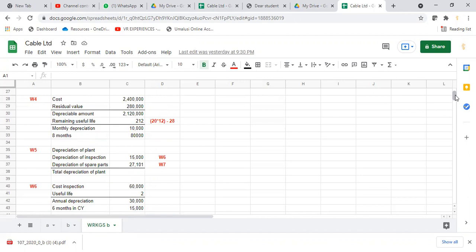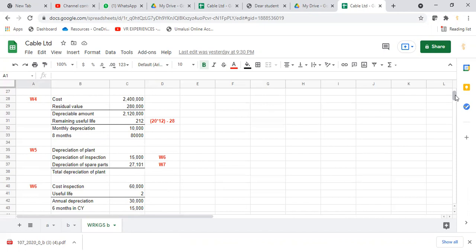So firstly, plant has more than one item included in the category plant. It is the HDWC plant as well as spare parts. So remember, spare parts is one type of asset, and the HDWC plant is a separate asset. So the one is a plant and the spare parts is spare parts.